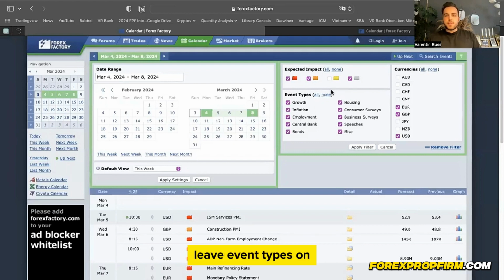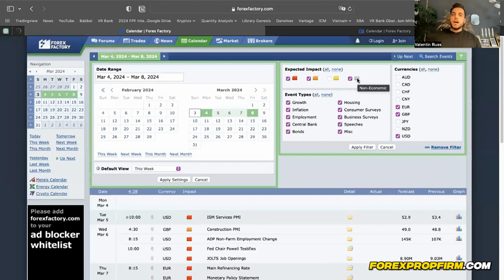I encourage you to leave event types on. For me personally, I'm only watching out for red folder news or orange folder news. The gray folder news are something like a USD bank holiday. I'm interested in knowing when the US has a bank holiday, so I'm having this one in.